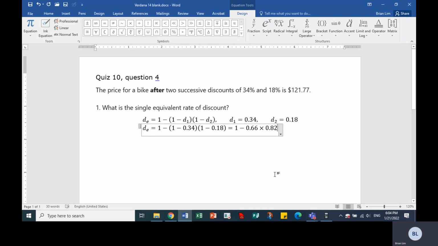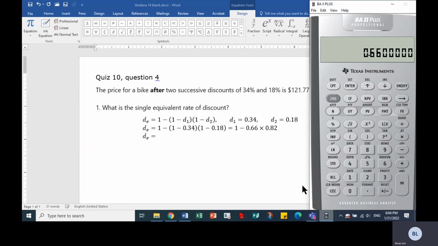Now, if we do that correctly, then we should get the single equivalent rate of discount. We can do the multiplication first: 0.66 multiplied by 0.82 equals 0.5412.